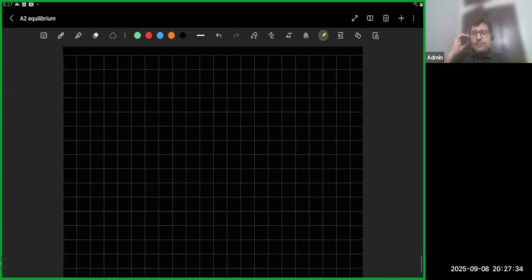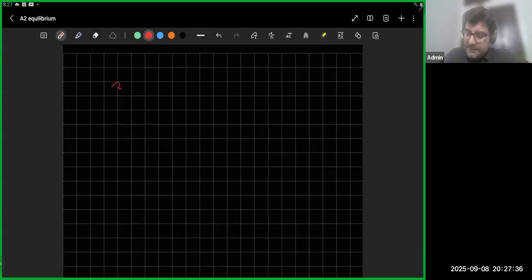But anyway, using the same stuff, this was in AS as well. In AS, what you did was pH curves or titration curves. In AS, you were just supposed to sketch these pH curves. Now we have to know the exact values when we are sketching these curves.